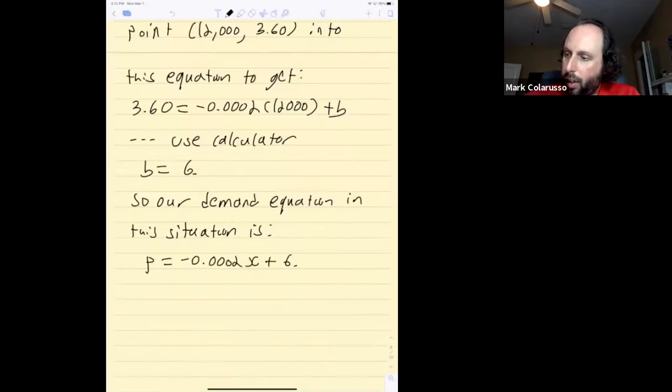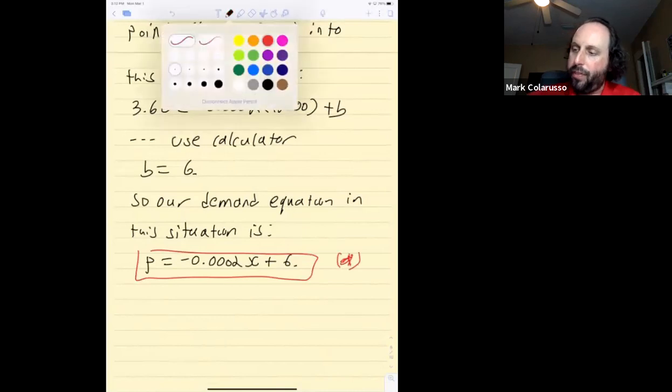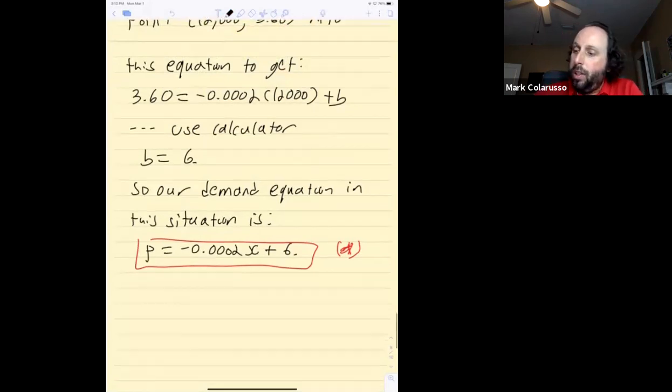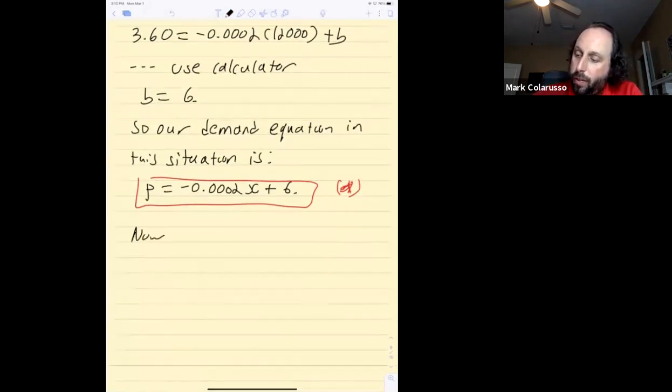Okay, so now we can use this. We want to maximize revenue for the night. We have to figure out what is the maximum level of price we can set and still sell enough hot dogs to maximize our revenue. So now we want to maximize revenue.